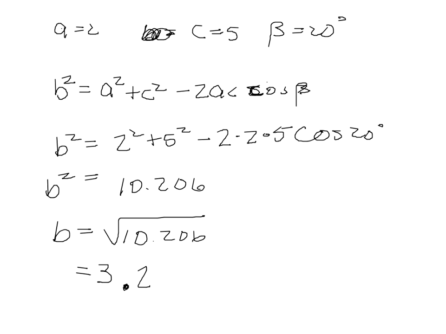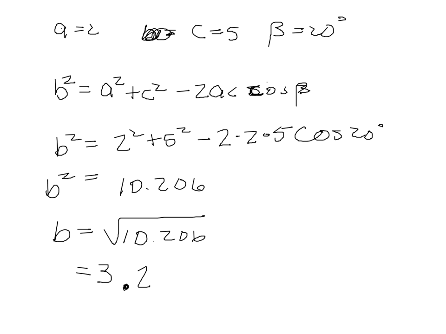Okay, so now we need to find alpha and gamma. So we use the law of sines for that. We will probably need to use more decimals. I'm sure the directions say do not round until the final step.